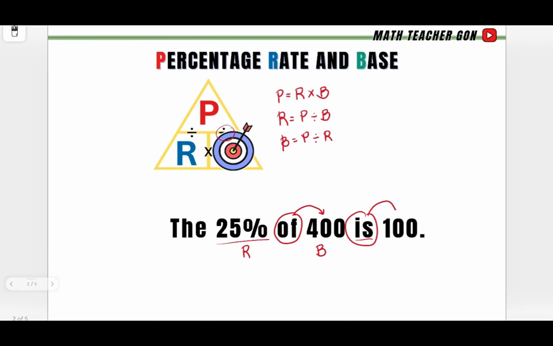That is your percentage. Again, for the rate, there should be a percent symbol. For the base, it comes after the word of. For the percentage, it comes before or after the word is. Take note also that the word of signifies multiplication and the word is signifies an equal sign.